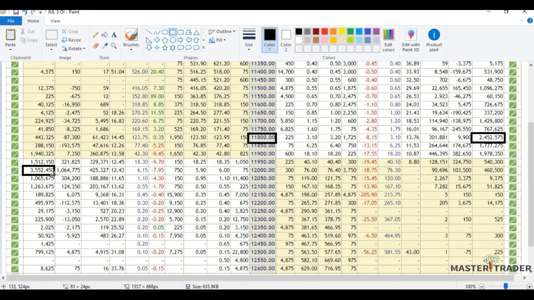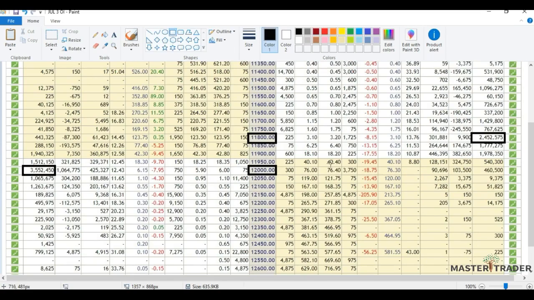Right here, 35 lakhs at 12,000. So we've got our boundaries, our resistance and support for the current month expiry. This is saying that price will not go below 11,800, and this is saying price will not go above 12,000. So this is my range, 11,800 to 12,000.